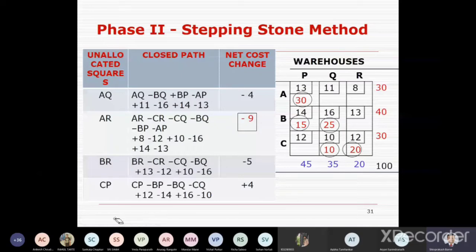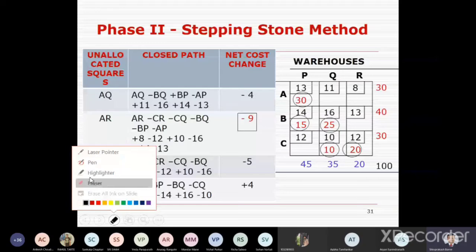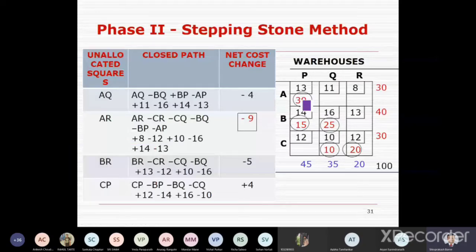And for this AR, already we have considered how to shift the units, and we got this table or this closed loop for this AR.